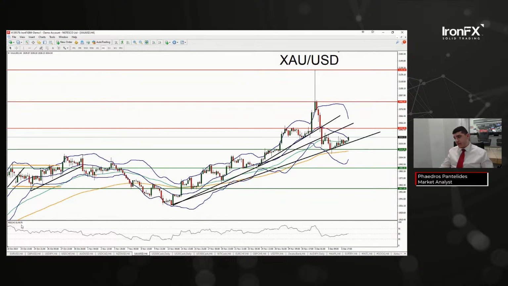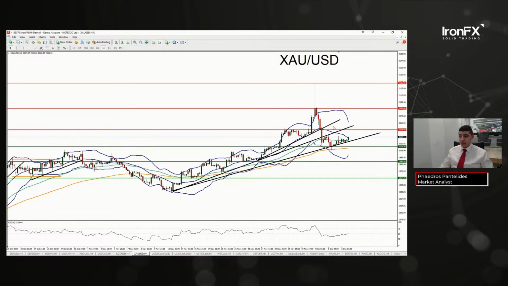Yet our RSI near 50 could imply a sideways bias between S1 and R1. As such, I would not have a bullish outlook on the precious metal. But if it does break above R1, then perhaps we could maintain a bullish outlook. But for now, sideways, based on the upward moving trend line and the RSI indicator below on our chart.